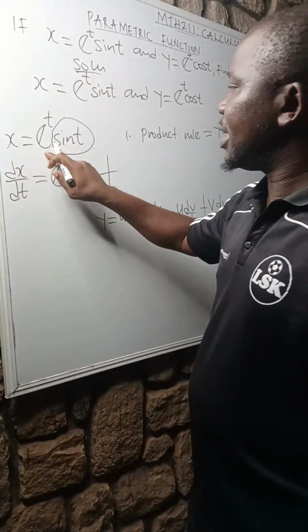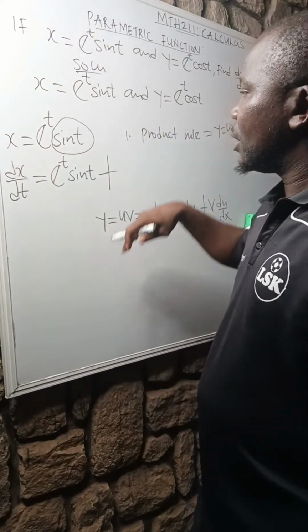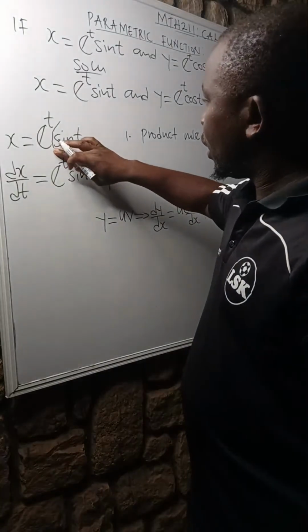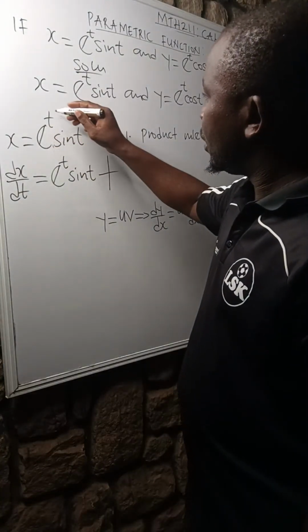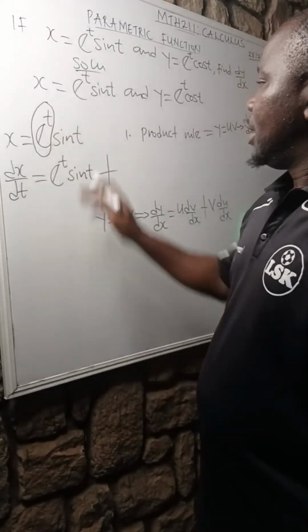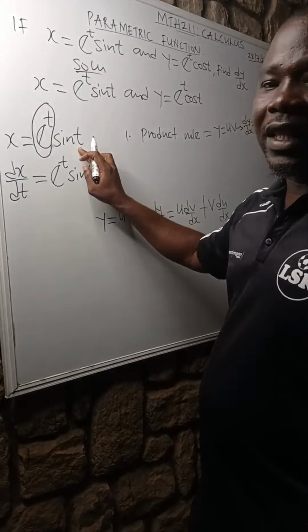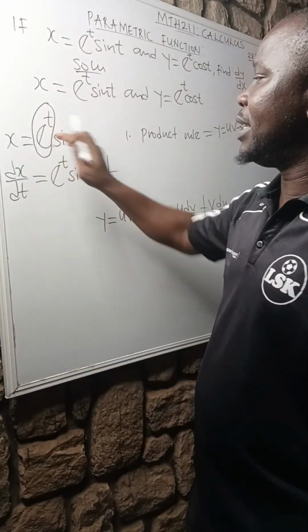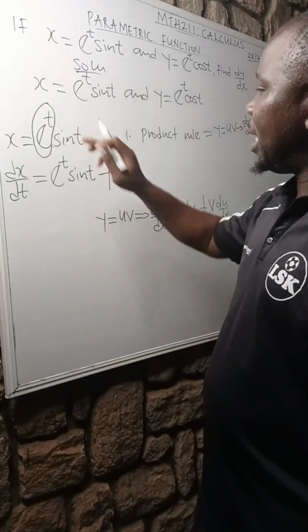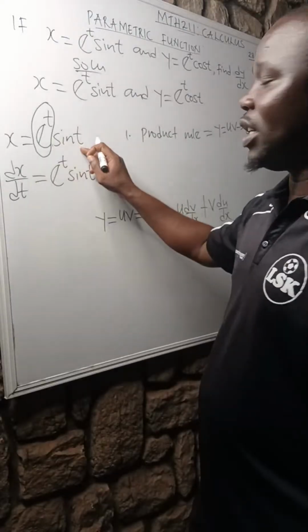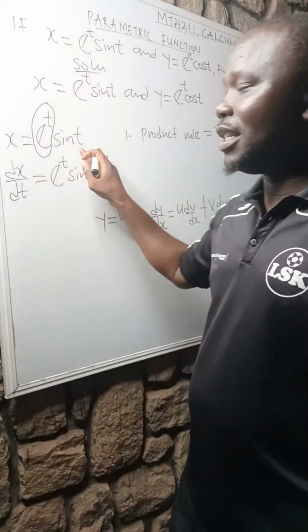We differentiated this exponential function. So which one are we going to hold now? It means we are going to hold the exponential, then differentiate sine t. Any answer we get, use it to multiply the exponential. So let's do it together. If you differentiate sine t, you are supposed to have cos t.